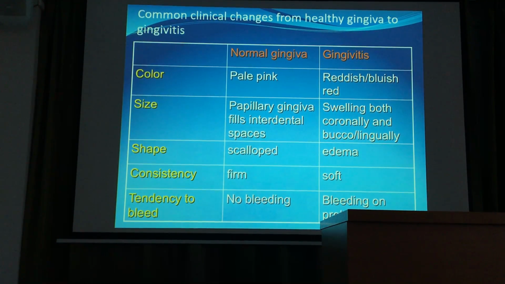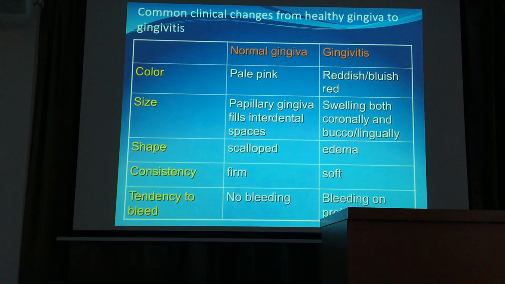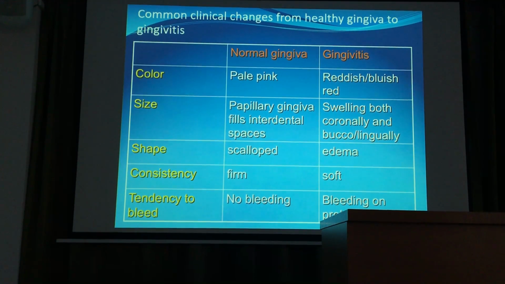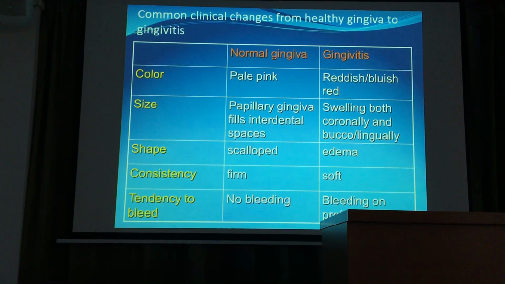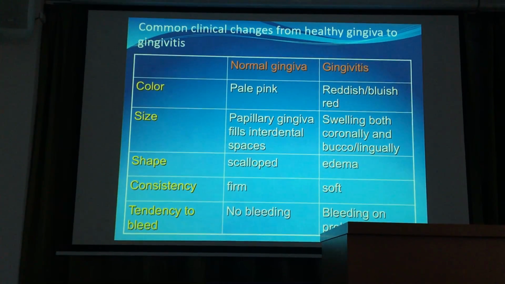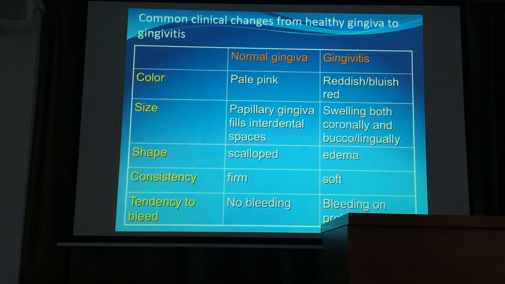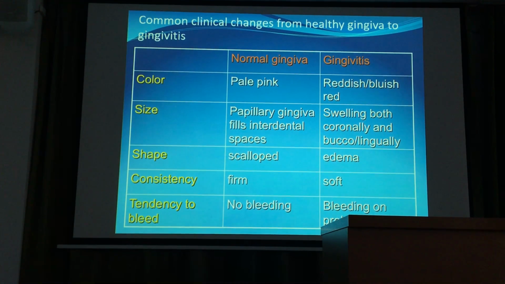If we use the interproximal brushes, unfortunately, they are not for everybody, because if we have the anatomical situation, no attachment loss, and a normal interdental gingiva, there's not enough space to use an interdental brush. Okay, the interdental brush is necessary, but not always.